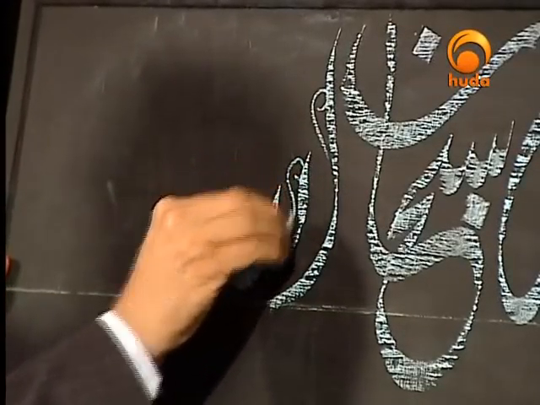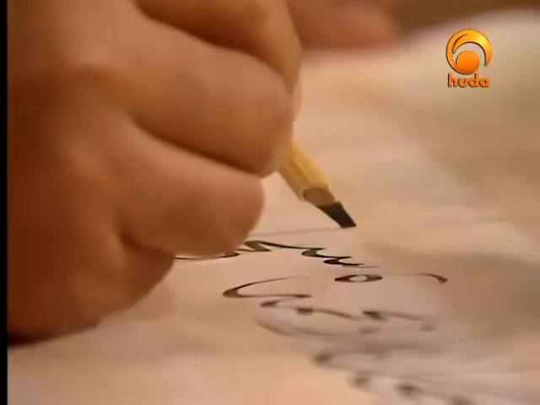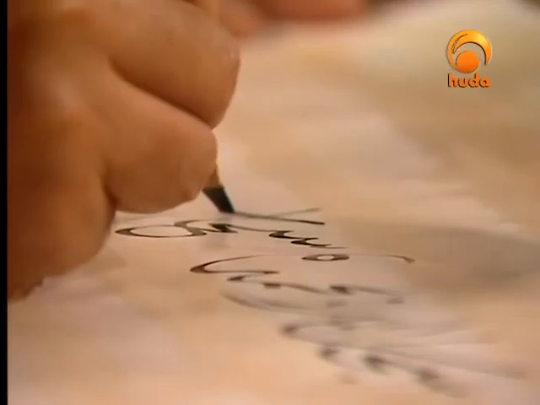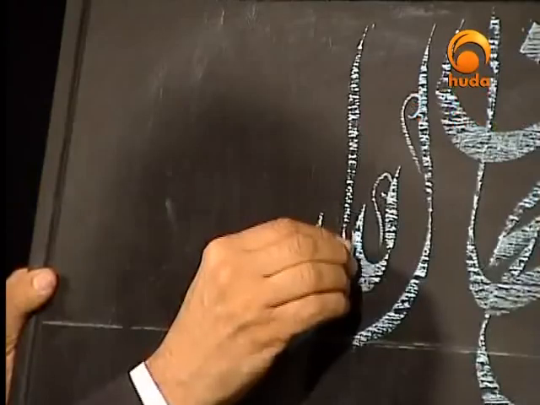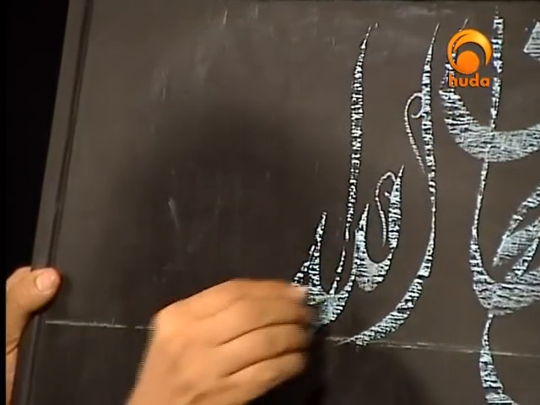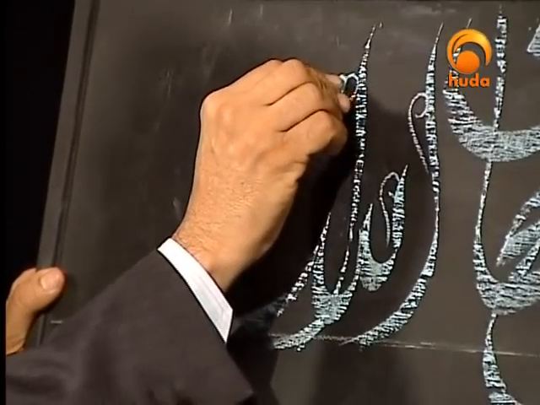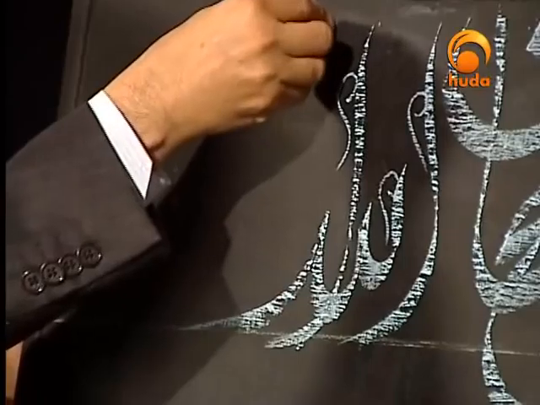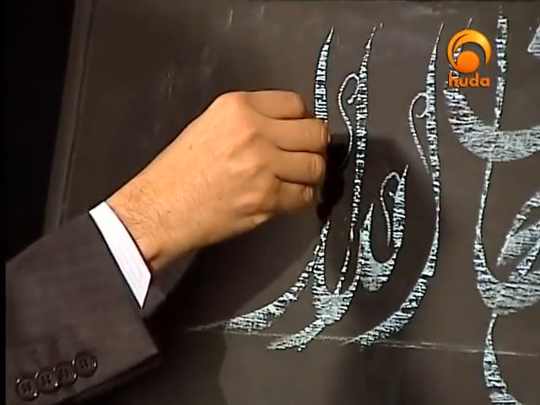The other part of decoration also, at the end of the letter, goes through the second letter of the name of God subhanahu wa ta'ala, Lam, and our decoration here. Lam of Al-Azim.